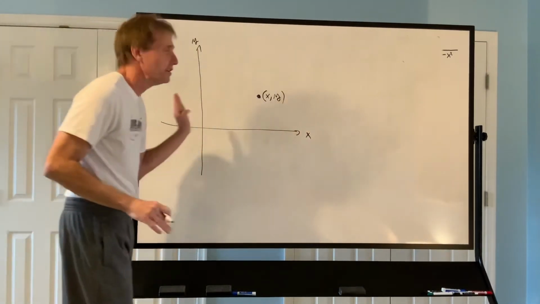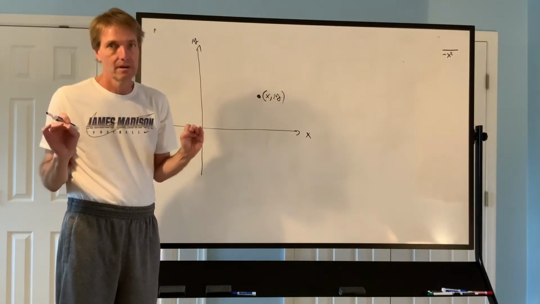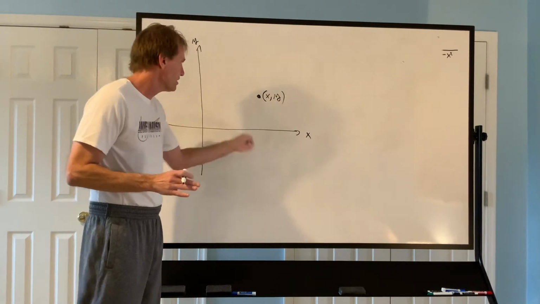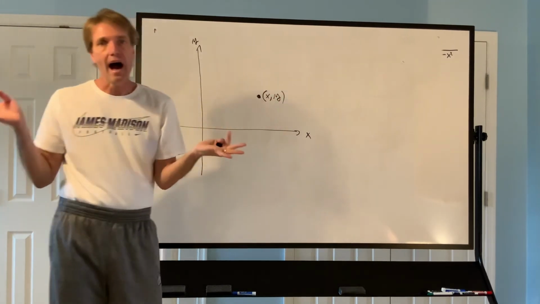If this is 7 and this is 5, this makes sense. I go over 7, I go up 5. I get the Cartesian lines: x equals 7 is this, y equals 5 is that.